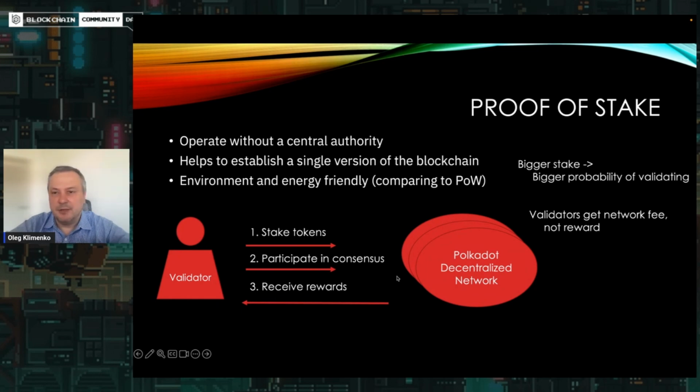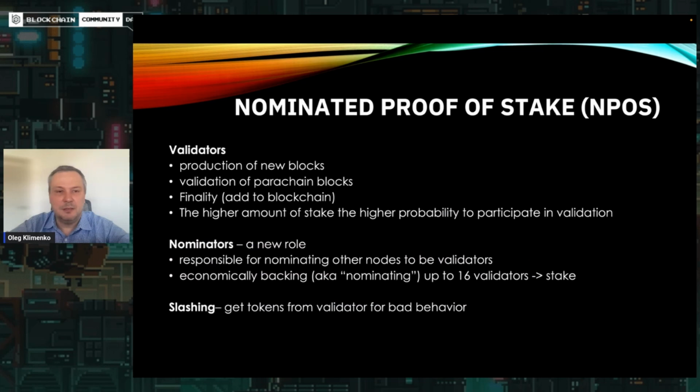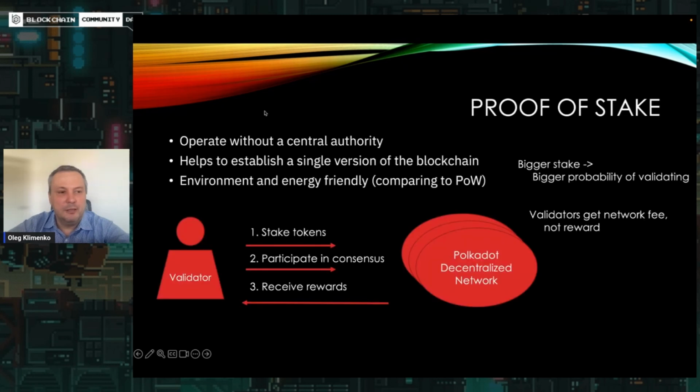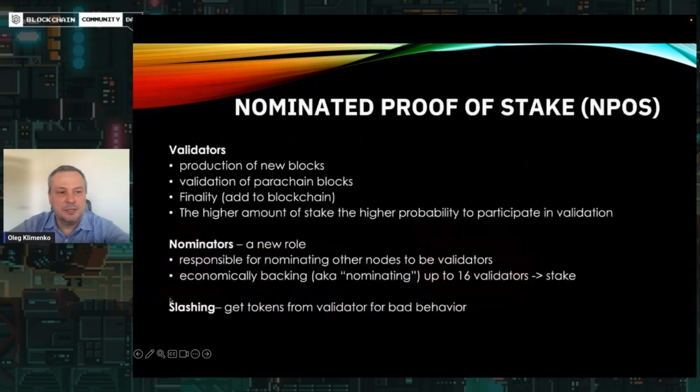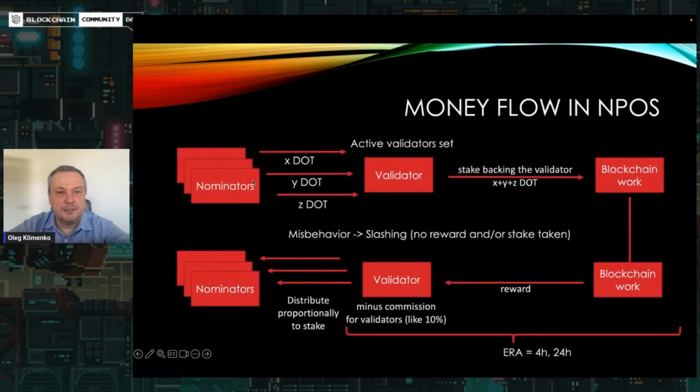It's a classical thing, but Polkadot uses nominated proof of stake. It's like elections in the United States. We have not only validators, we also have nominators. Nominators select validators to do the actual work.